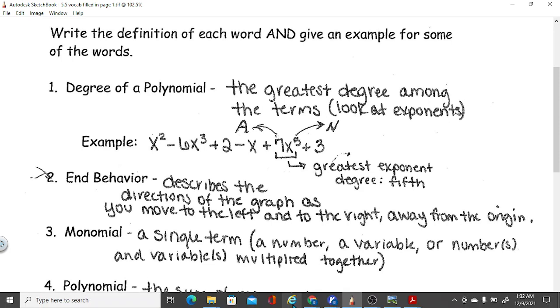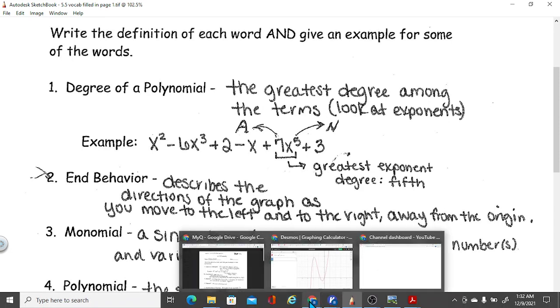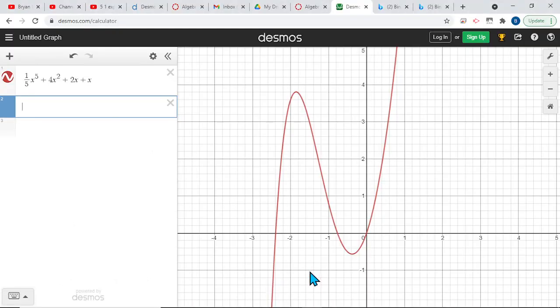We'll look at this graphing calculator. This is an online graphing calculator, and we have over here a polynomial. And what's the degree of this polynomial? Well, I'm not sure how well you can see it, but the largest exponent is 5, so it's degree 5. And this is it.